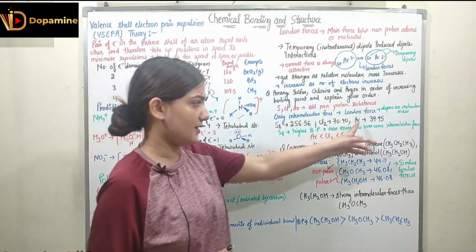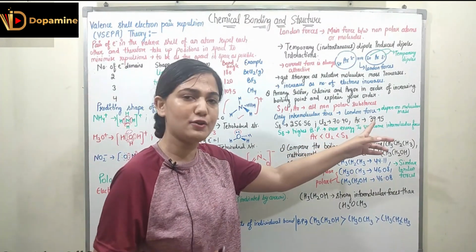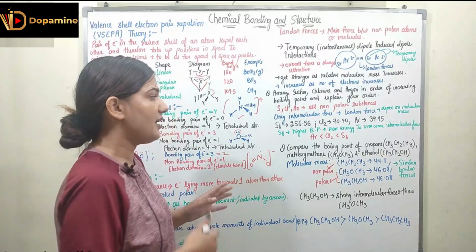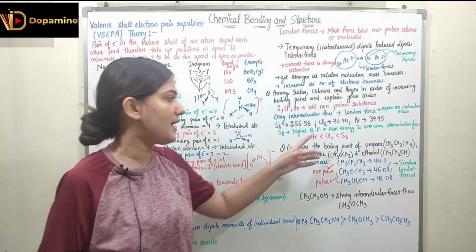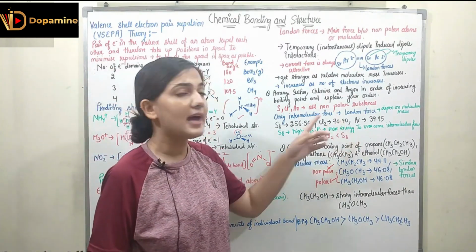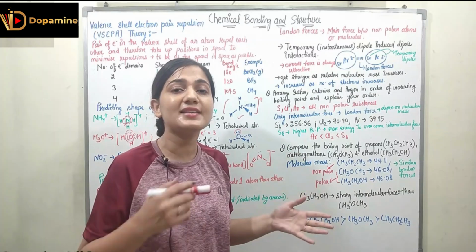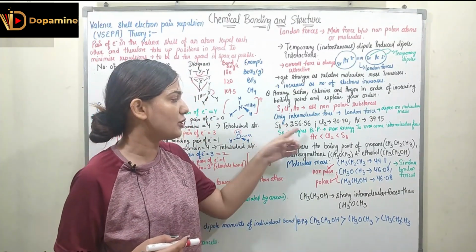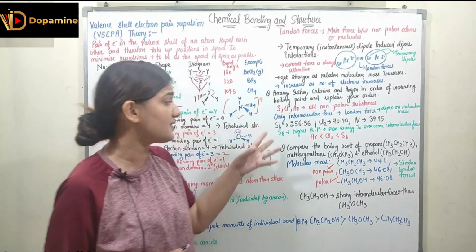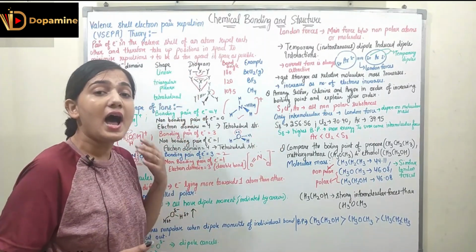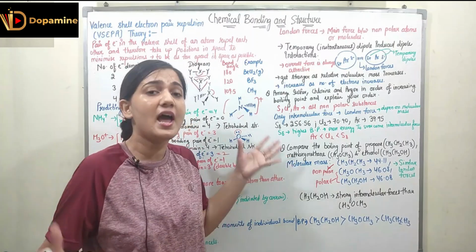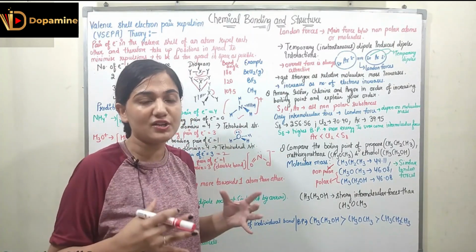Argon remains as it is in the atmosphere. It's a noble gas, so we have 39.95, right? Chlorine will have 70.90 because chlorine exists as a Cl2 molecule. Sulfur exists as S8, which has a molecular mass of 256.56. You can see S8 has the highest molecular mass, so it will have the highest London forces, the highest intermolecular attraction forces.